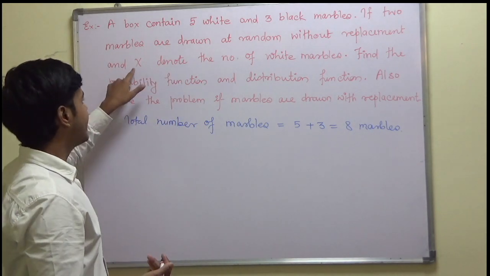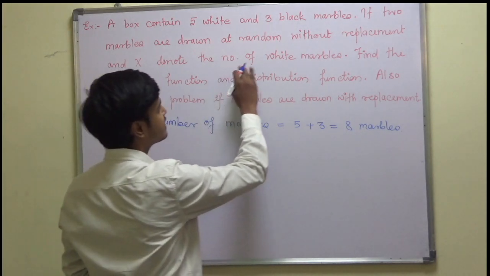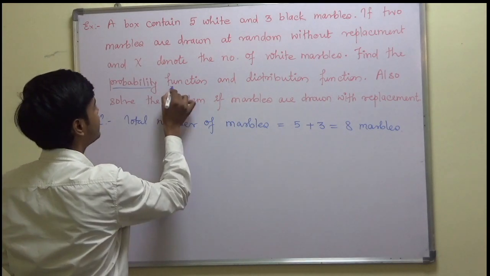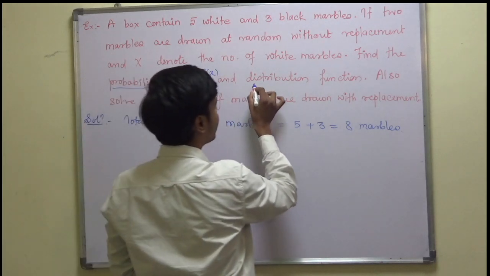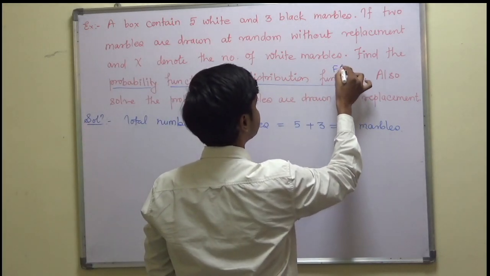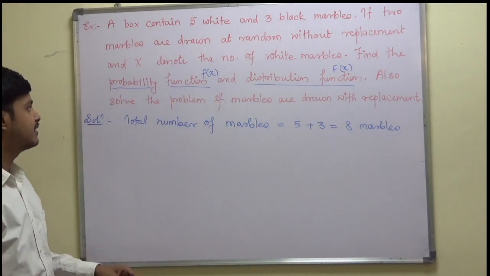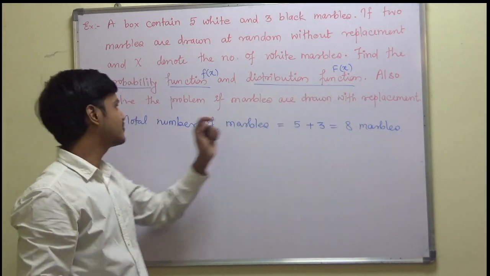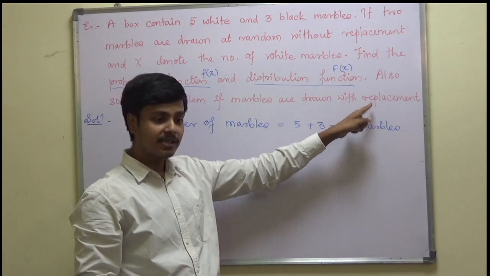And x denotes the number of white marbles. We have to find the probability function, which we denote by f of x, and the distribution function, that is capital F of x. The second part of the problem says we have to find the same thing but with replacement.